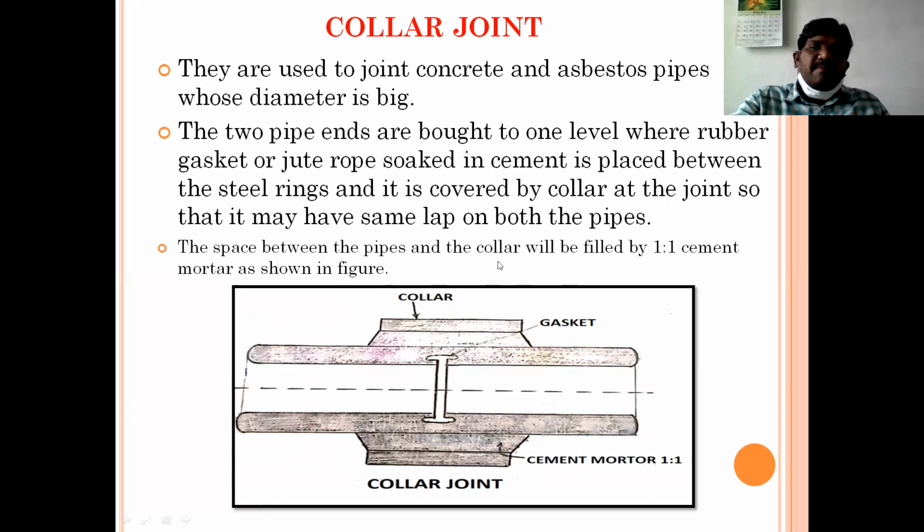The space between the pipes and the collar is filled with 1:1 cement mortar, as shown in the figure. This is the gasket, this is the cement mortar, and this is the collar.